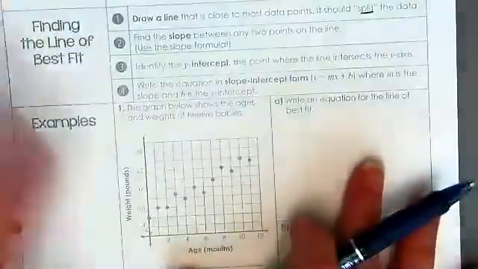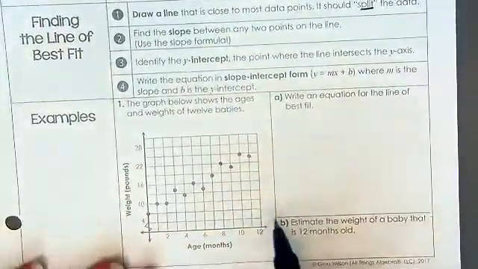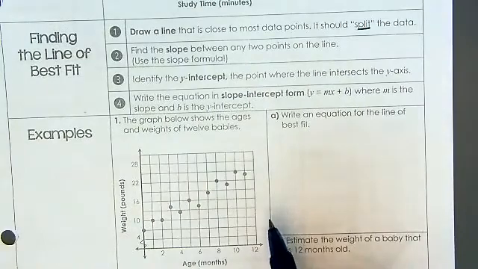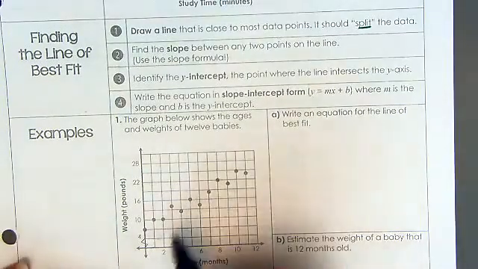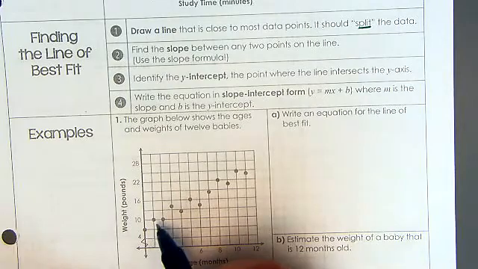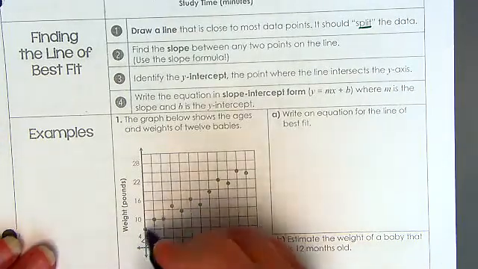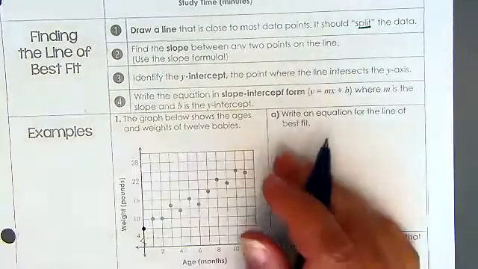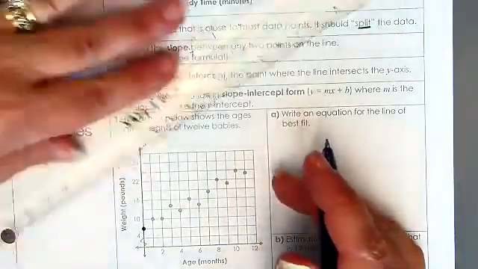Now we have to draw the line. So we want to split the points. Okay, so when I'm looking at this, you want to have maybe a couple of points on here. So when I split it, I'm going to use this point because I want my line to be kind of halfway in between.